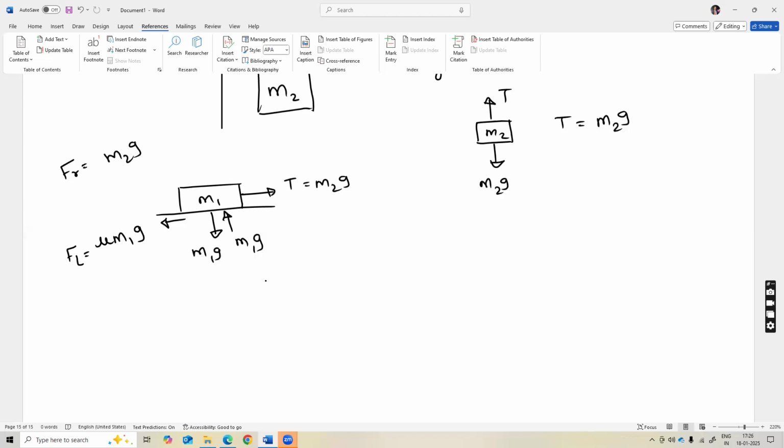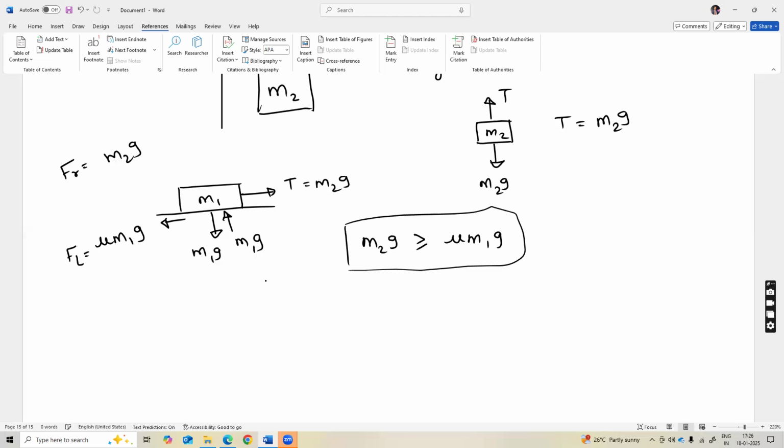So this tension T is almost enough to start the motion of this block. Let's say M2G is very slightly greater than or equal to mu M1G. So g will get cancelled.